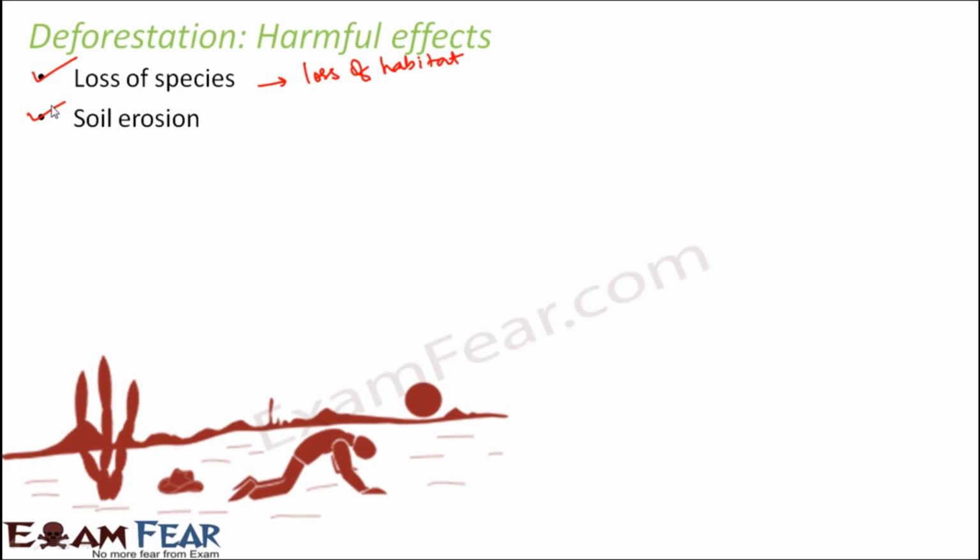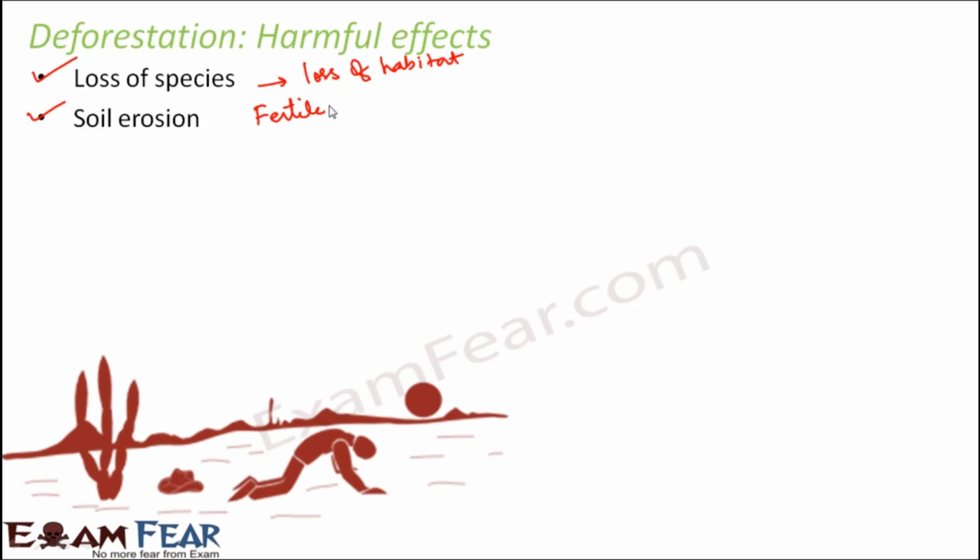Now what happens when the soil gets carried away easily? The fertility of the soil is lost, because fertility of soil is due to the presence of humus which is present in the top layer of the soil. That layer itself gets washed away. So there is no humus in the soil, there is no fertility. Now when the fertility is lost, what is going to happen?